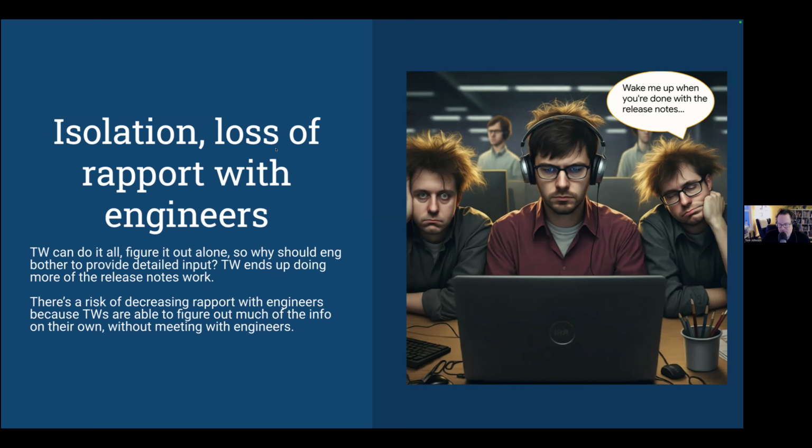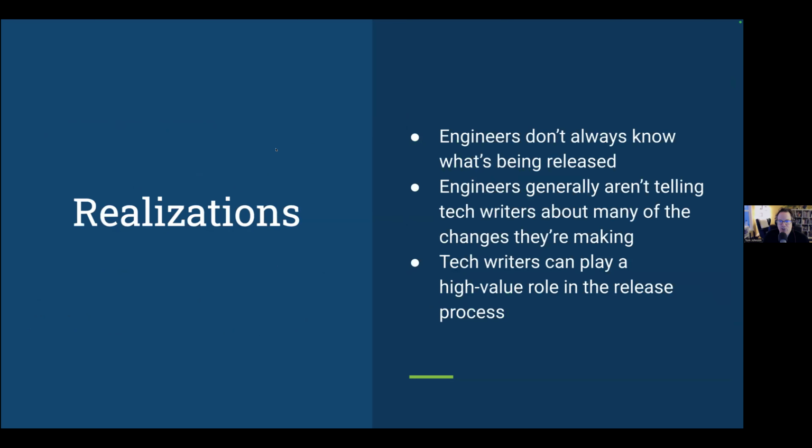There are a couple of advantages, or realizations that I've come across, that shocked me. The first is that engineers don't always know what's being released. I regularly meet with tech leads, and they honestly don't know what's in the release. Or the product managers.